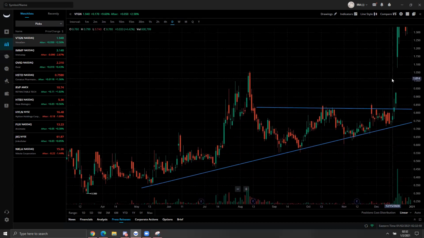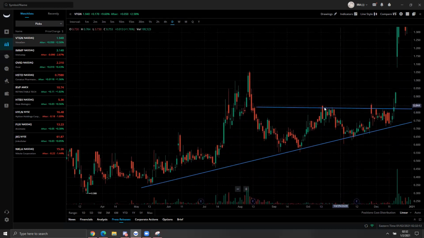Not only was this a technical breakout and a fantastic entry zone, it was also accompanied by some very strong catalysts. Catalysts are typically found by conducting something called fundamental analysis, which I'm going to go over very soon as well. But an ascending triangle is one of the best entry setups that you can have.